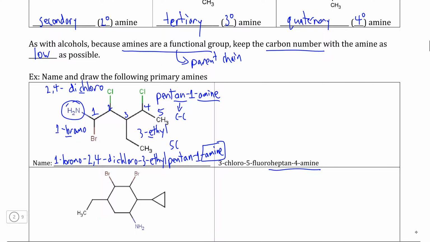So before we end the video, if we take a look at a drawing example, we can see that our parent chain has 7 carbons and is an alkane, so it only has single carbon-to-carbon bonds, and that the amine is actually found at carbon number 4. So if we go 1, 2, 3, 4, 5, 6, 7, our amine, under the assumption that it is a primary amine, would be located here.